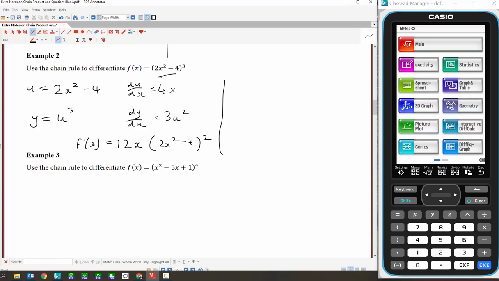So if that's my original function, I write down straight away f dash x equals. Now what I actually do at this point here is with my finger I cover up the inner function and simply get the derivative of the outer function. So I write down 3, and then once I've done 3 multiplied by this thing here, I open up my brackets and rewrite the inner function.